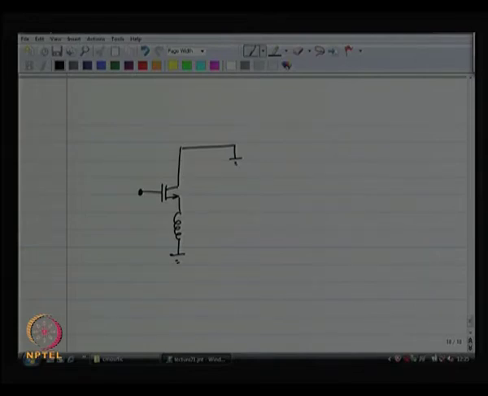So, what I am going to do as a first cut is I am going to try to find out the input impedance of this particular structure. All right.